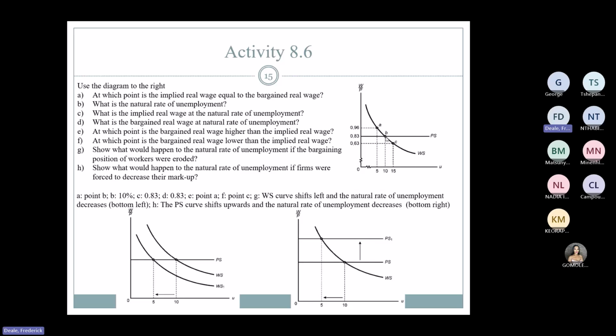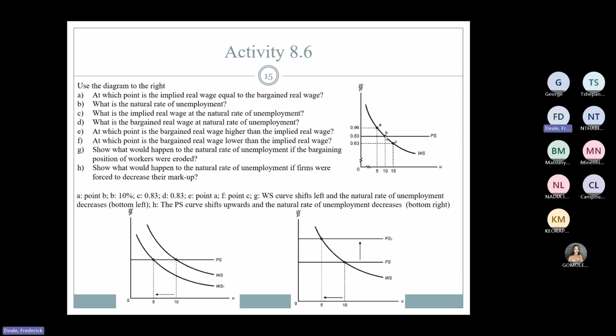Now the next question, which follows on from that: what's the natural rate of unemployment? That is at that point, right? At point B, what's the unemployment rate there? That's the natural rate of unemployment. That is 10%. Next, what is the implied real wage at the natural rate of unemployment?